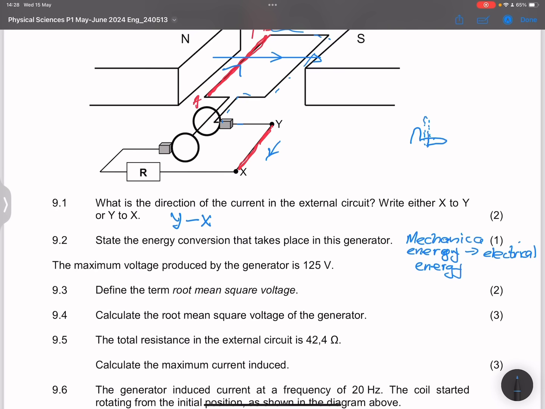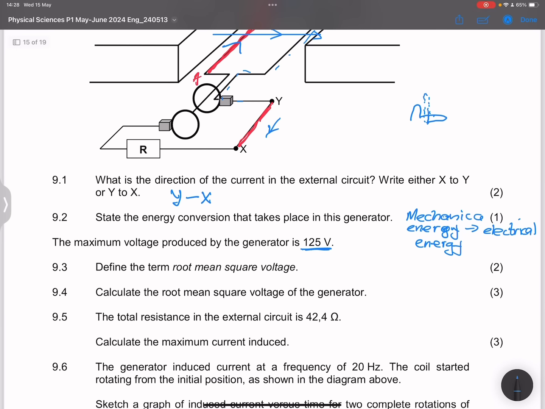Next question. They say the maximum voltage produced by this generator is 125 volts, and they want us to define the root mean square voltage. I'm not going to bother with the definitions. Please make sure that you know these definitions and learn them. Now they say, calculate the root mean square voltage for the generator.